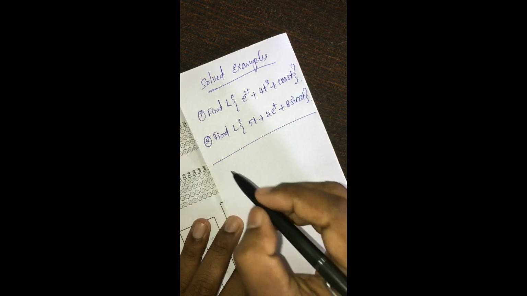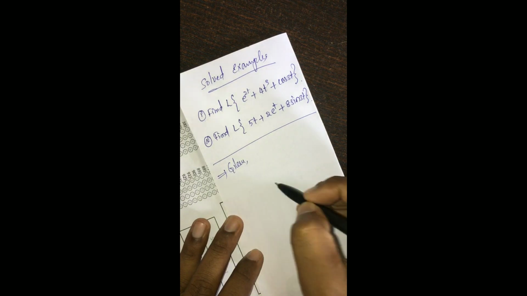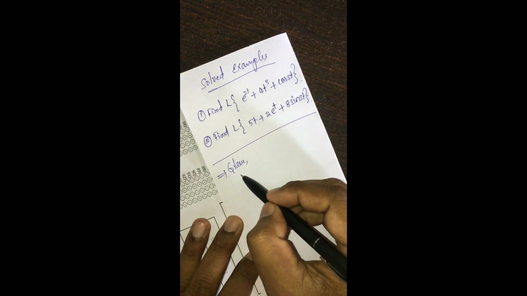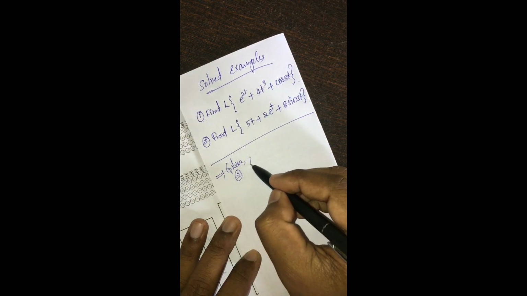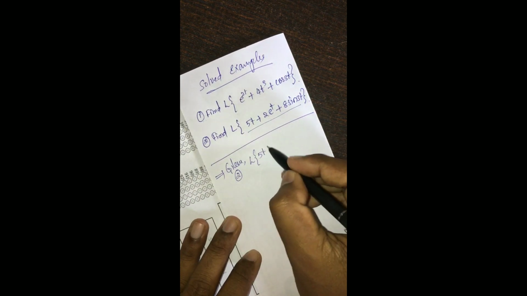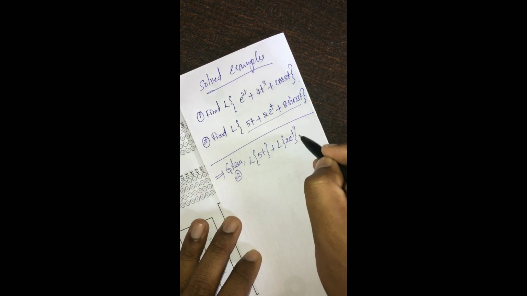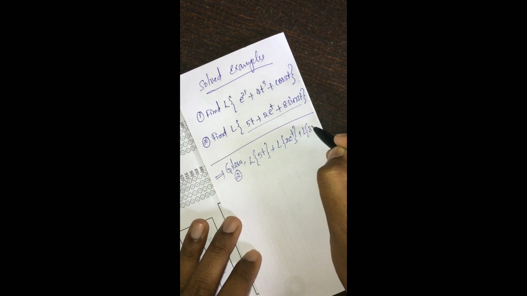How? Take the given question. I'm taking the second one now. In this, the Laplace transform can be written as the Laplace transform of 5t plus the Laplace transform of 2 into e to the power of t plus the Laplace transform of 8 into sine 3t.